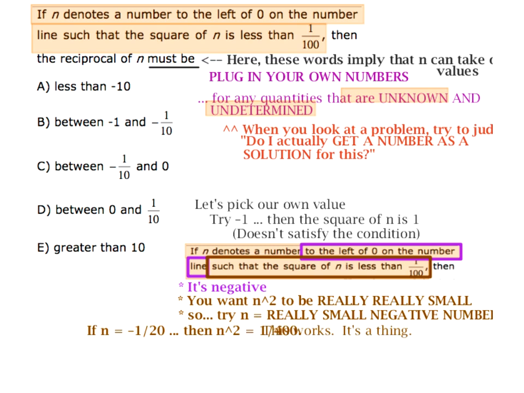That means that n can be -1/20, but then, last but not least, don't forget what the goal of the problem is. The goal of the problem is not n itself. We had a few people picking C here, but that's not what you want to do. What you want to do is find the reciprocal of n, which means you want to find 1/n.